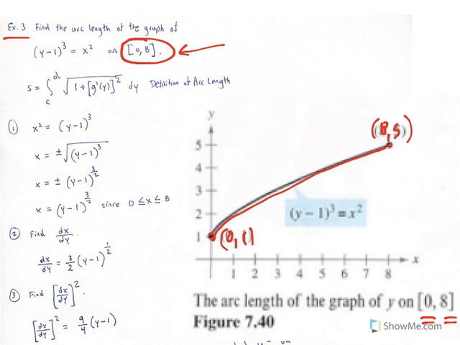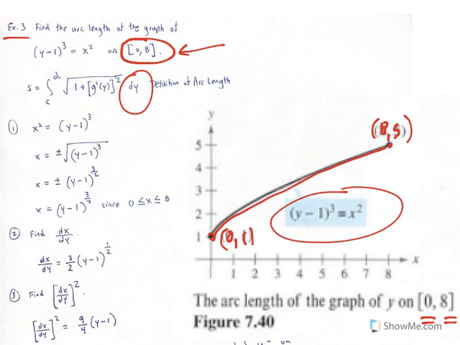And this arc is described by the rectangular equation (y - 1) cubed equals x squared. Now, if you want to integrate with respect to y, you need to have x as a function of y. So we're going to go ahead and do that so that we have x as a function of y.